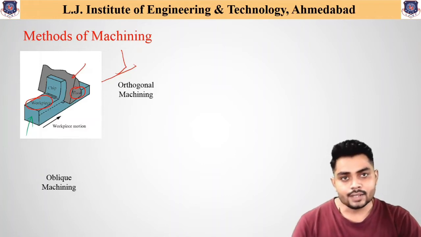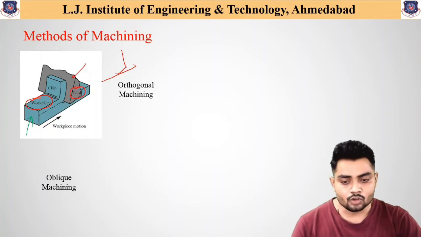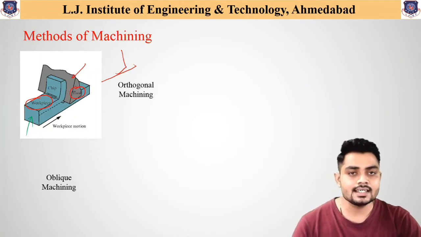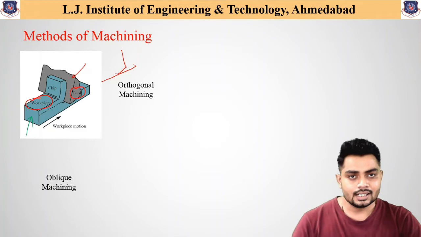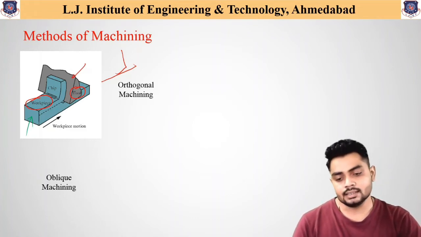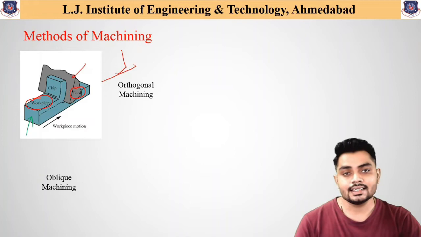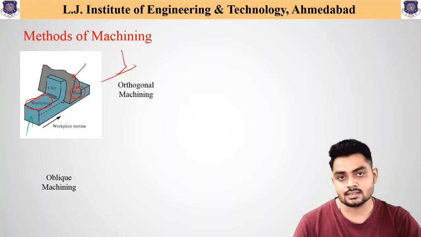Similarly, this tool removes the material from both sides of the workpiece very easily. That means this tool covers the entire face of this workpiece for removal of the material. And in the case of orthogonal machining, only two forces are considered, and that's why this orthogonal machining is called the two-dimensional machining process.